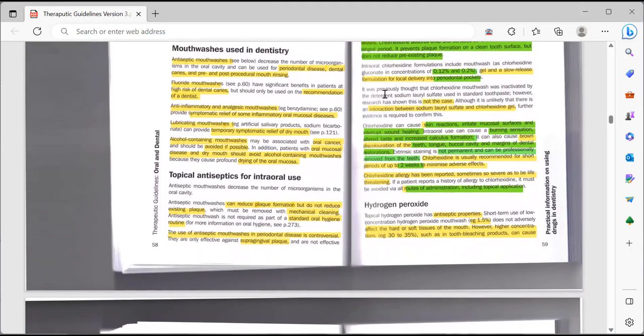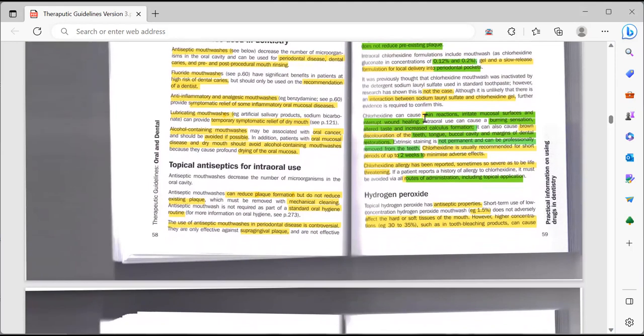Okay, and it was previously thought that chlorhexidine mouthwash was inactivated by the detergent present in toothpaste, which is sodium lauryl sulfate, but now it states that this is not the case. Although it is unlikely that there is an interaction between sodium lauryl sulfate and chlorhexidine, further evidence is required to confirm this.